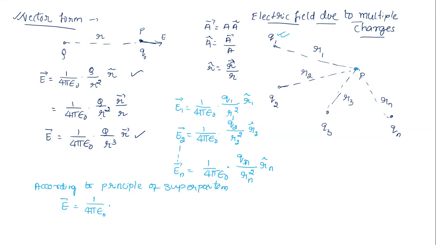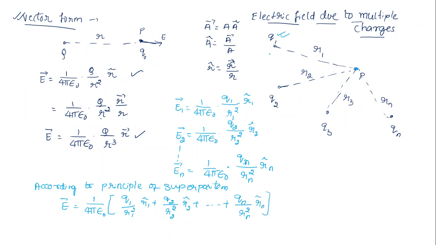And what else is common? Is there any other thing common? No, nothing is common. So I'm going to write like this: Q1 by R1 square into R1 cap plus Q2 divided by R2 square into R2 cap plus so on plus Qn divided by Rn square into Rn cap.